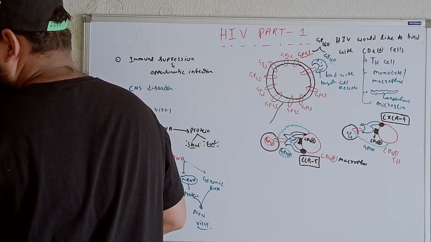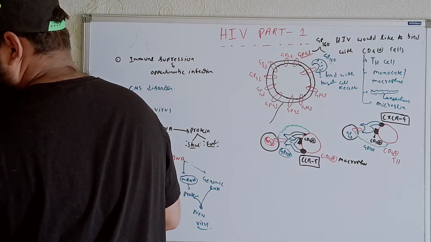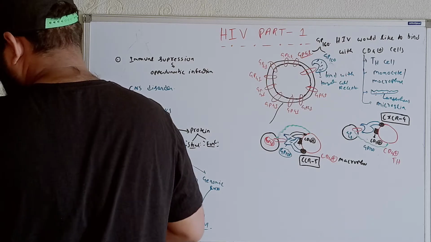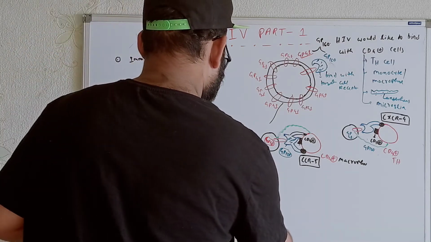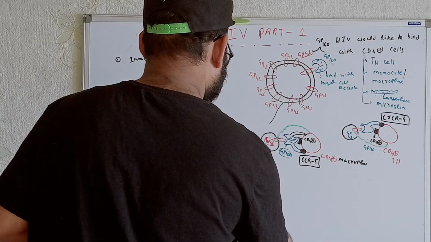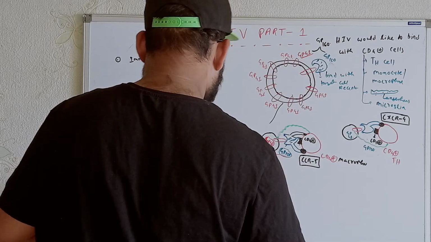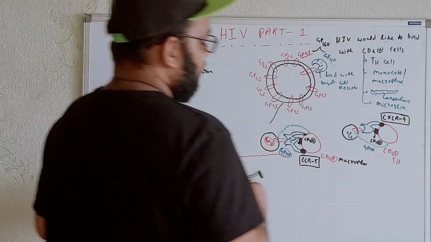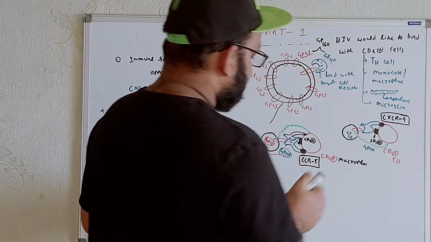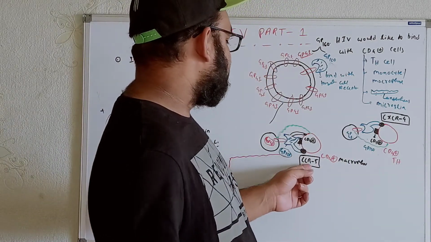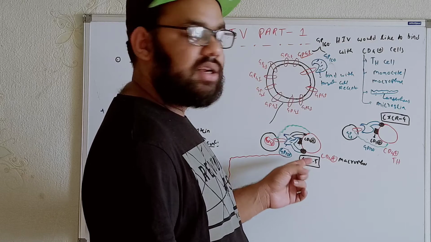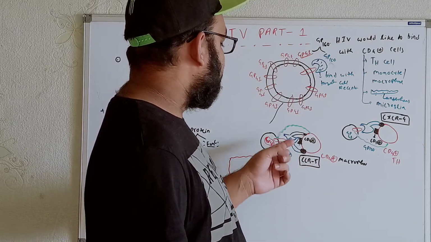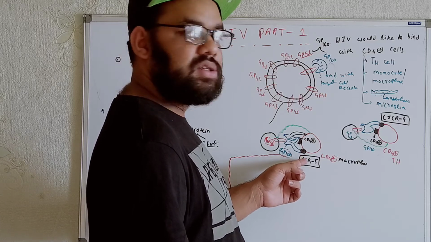Now we'll talk about some pharmacological aspects and some population things. For example, if we get any kind of mutations within the CCR5, definitely this GP120 will not be able to get bound along with these structures.